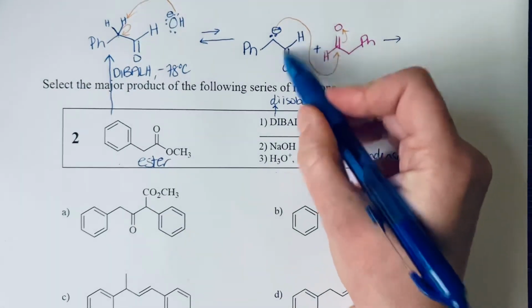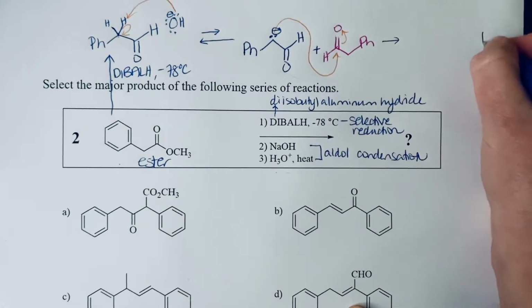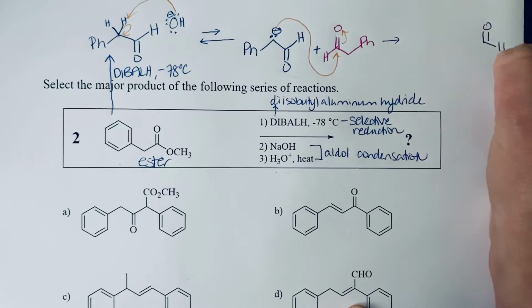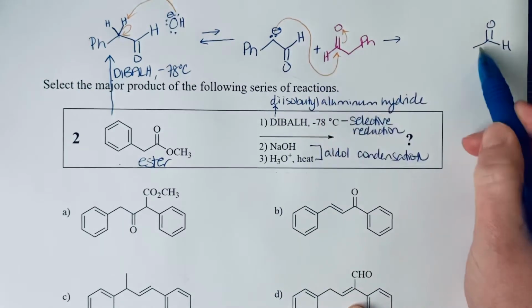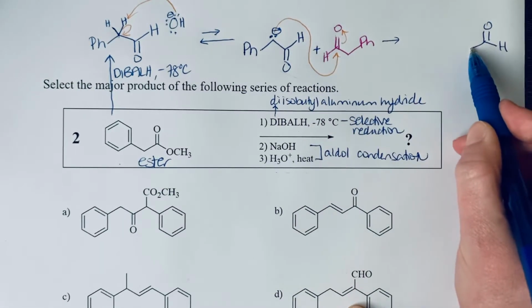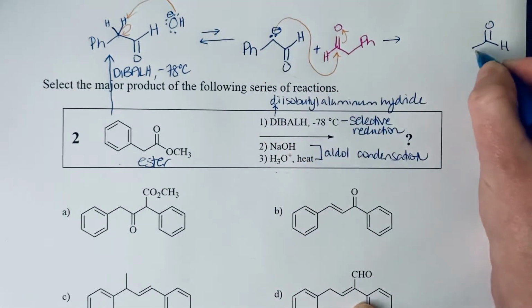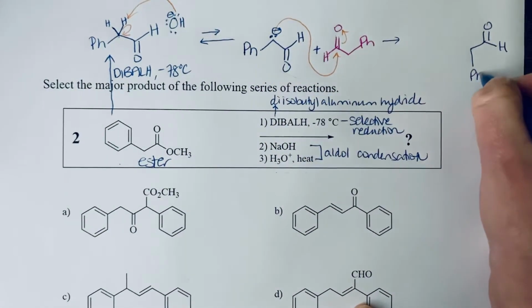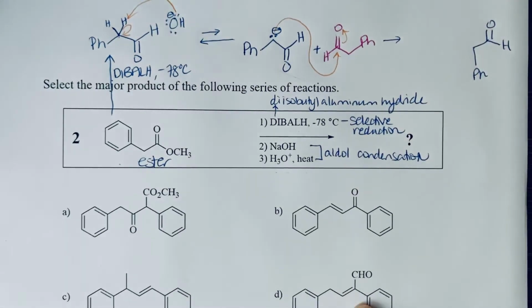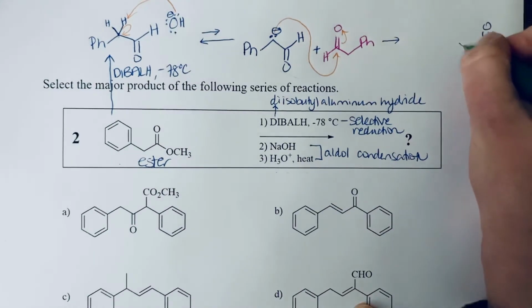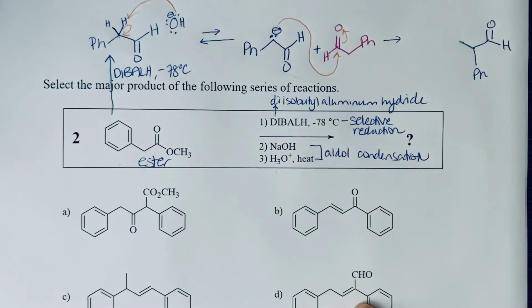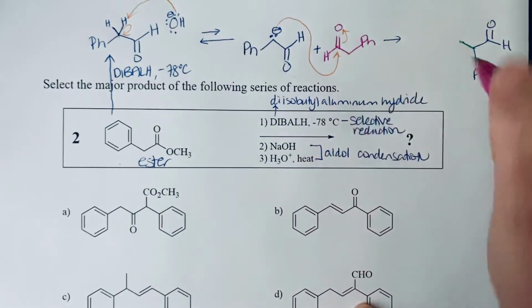So I'm going to go ahead and draw this aldehyde piece. And the alpha carbon is where I formed my new bond. And then I've still got this phenyl ring substituent hanging off of there. So I'm going to angle this down so that I can highlight where the new bond was formed here. So here is that new bond. And then here is the carbonyl carbon right here.